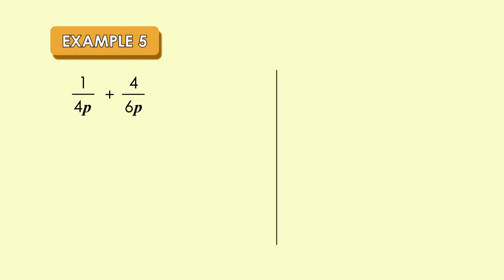Let's look at example 5. For this example, the denominator is not the multiple of the other denominator. However, when we look carefully, the denominators have common factors. So, how do we equate 4p and 6p? That's right!